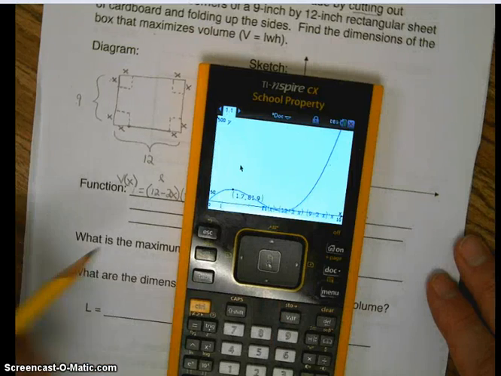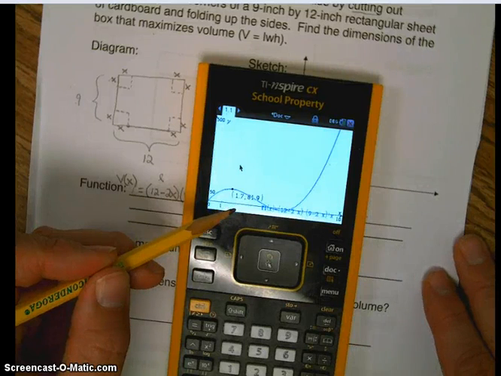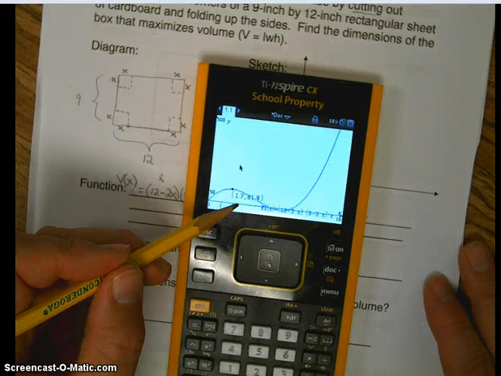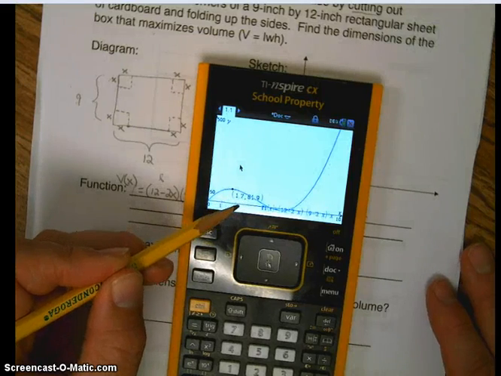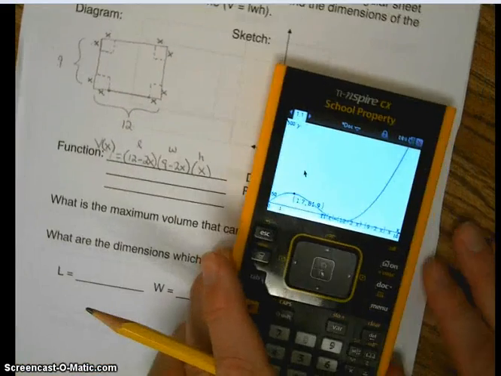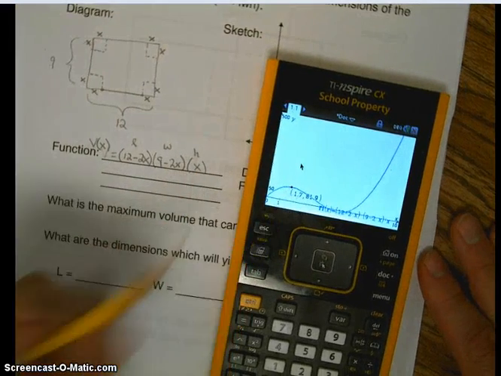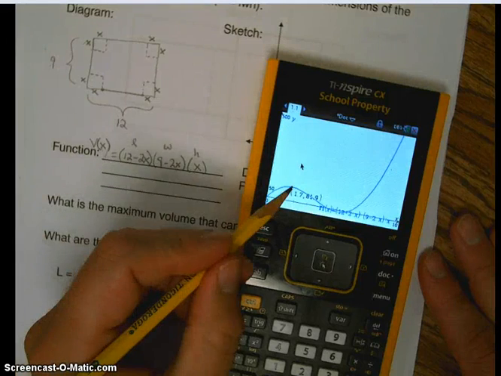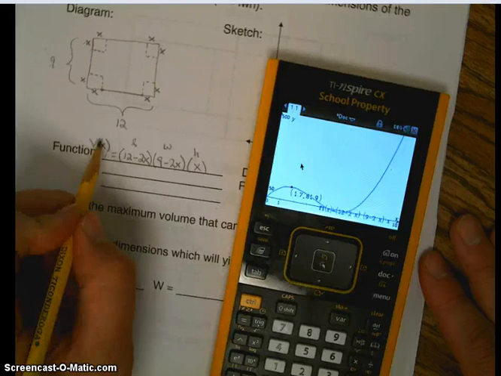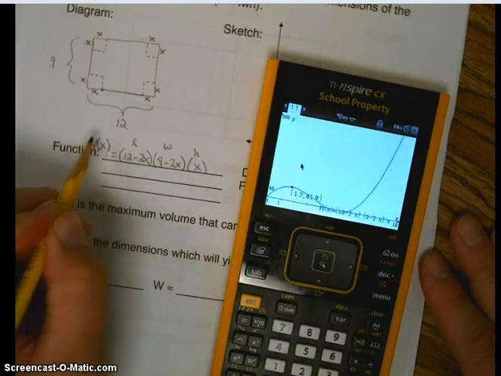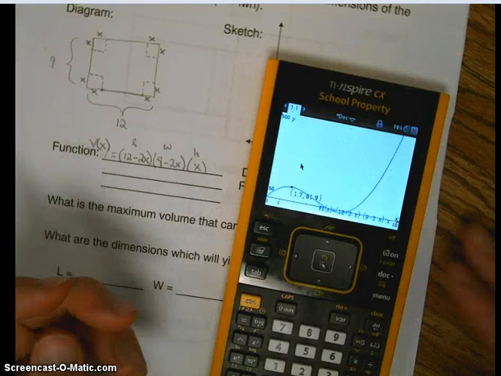Okay, so it looks like our maximum, the height is going to be 1.7. Remember, that's x. Don't forget, back on our formula, that x represents the height. So our maximum height is 1.7. And so 81.9 is our y. Don't forget, y is your volume. So it looks like our maximum volume for this problem is going to be 81.9.